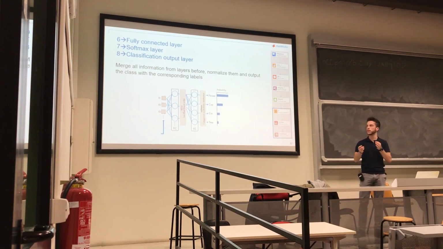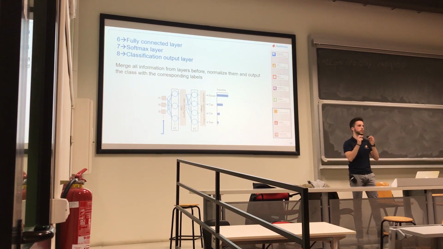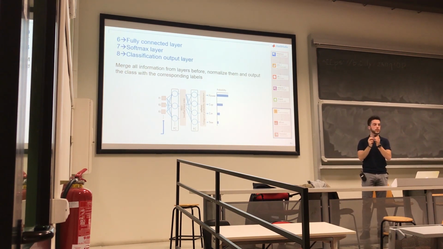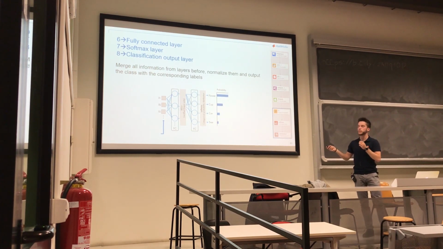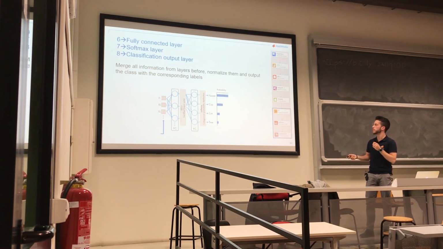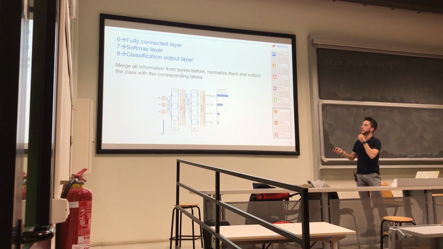I want to know only the classification. So I collect all of this information into two nodes: there is a car or not, with this fully connected layer. Softmax is only a normalization, and the class output assigns each node its label. Like you can see here, we have flower, couple, and so on, with the probability of the corresponding label.